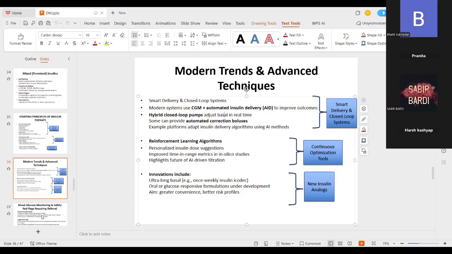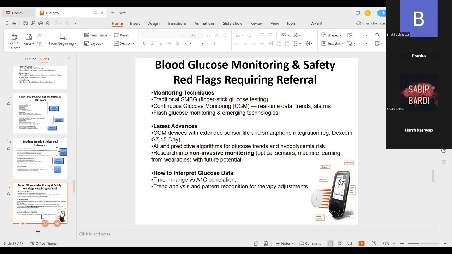There are some techniques and advancements going on in the monitoring of diabetes. Firstly, the traditional SMBG, that is single stick glucose testing, which is a traditional method used since long back for the detection of diabetes mellitus in the blood. Then continuous glucose monitoring gives real-time data.